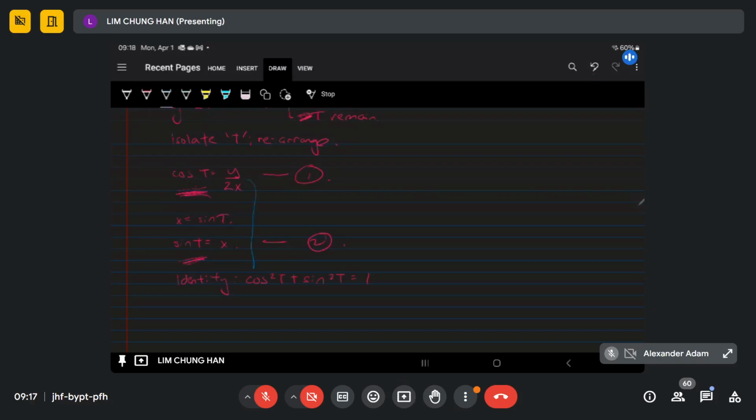Let me use green, because the background is blue as well. So you get this squared plus that squared, the whole thing equal to 1.